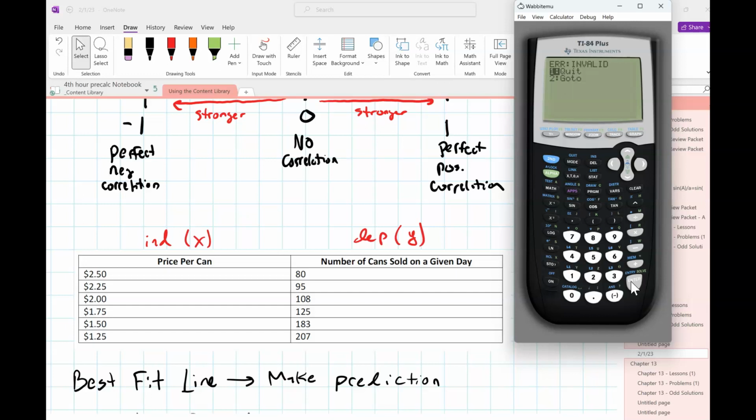Why? Why can't I plug 3 in? Not because we don't have 3 on the table. If I look at my x-axis, it doesn't go up to 3, right? If I look at my window, my x max is 265 or 263 or whatever that number is.